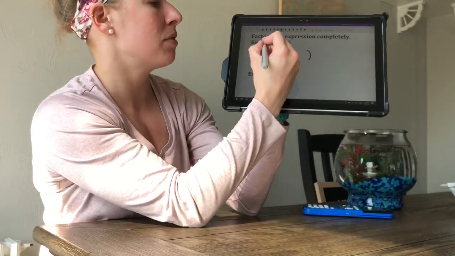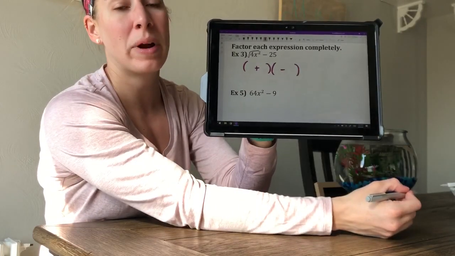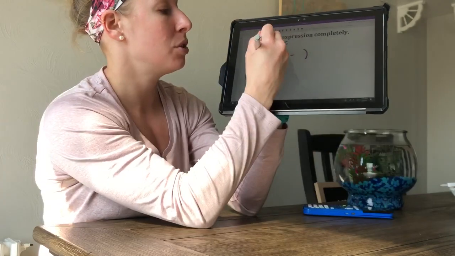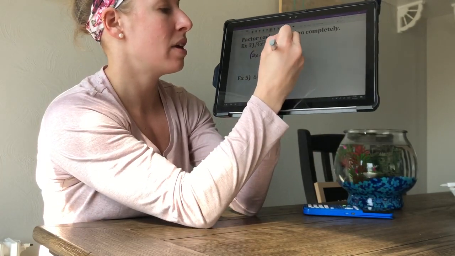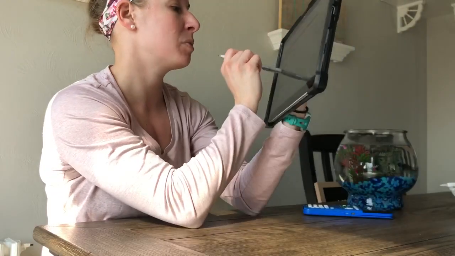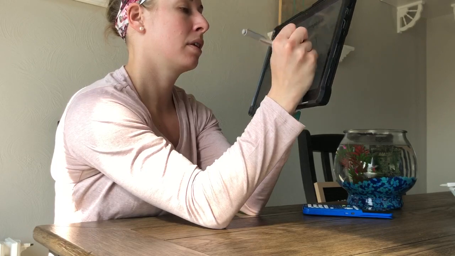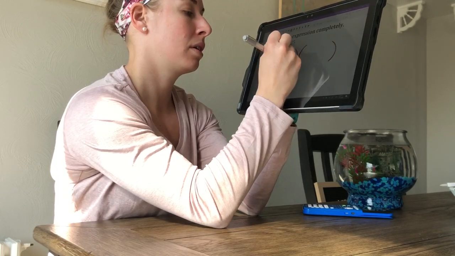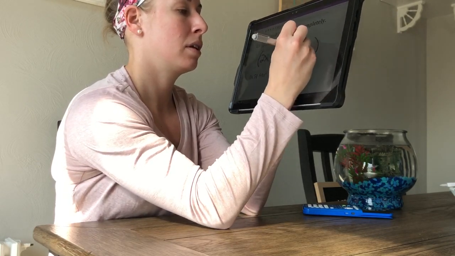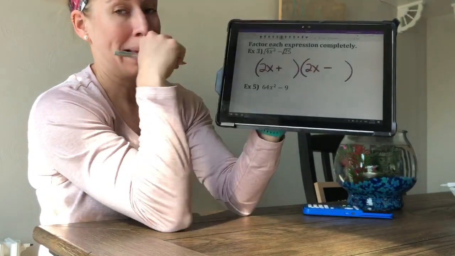The square root of the first term, so the square root of 4x squared is 2x. So that goes in the first spot of both bubbles. Let me make those bigger. There we go.